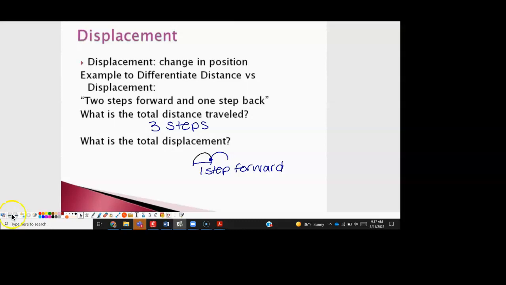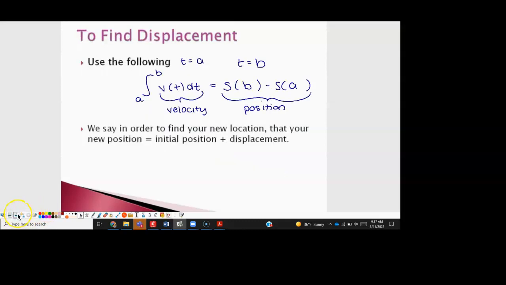Let's look at that in terms of integrals. To find displacement from point A to point B, it's the integral from A to B of velocity, which is equal to S of B minus S of A, where A is usually representative of what? S of A represents what?